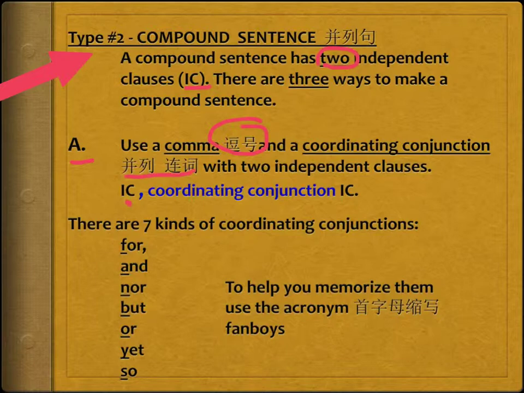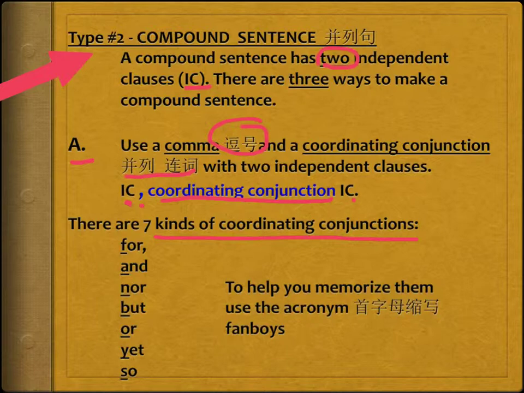Here's our pattern. Independent clause, comma, coordinating conjunction, and a second independent clause. This is one pattern for a compound sentence. Here are 7 kinds of coordinating conjunctions. The list for coordinating conjunctions is not very long, and in fact, it's a list that you must memorize.